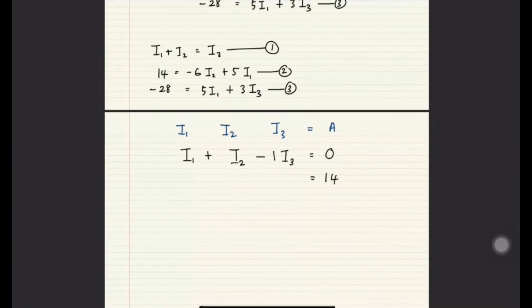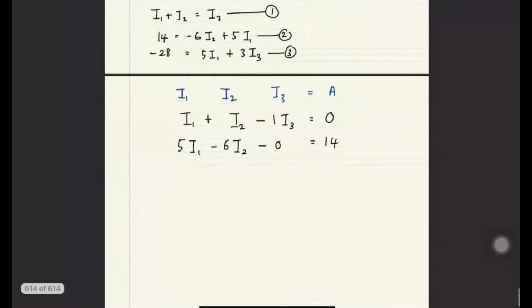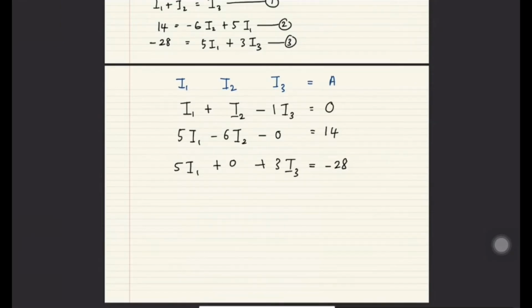Okay. So I1 tu saya letakkan dia ke depan. So 5I1 minus 6I2 minus 0. And then the third equation, negative 28 and then 5I1 plus 0I2 and then plus 3I3. Okay.